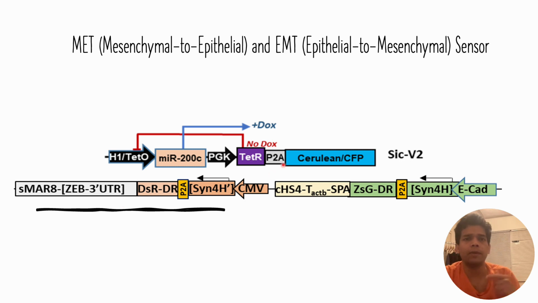So this is how this sensor can be used, not just to visualize whether the cells have more epithelial or mesenchymal-like characteristics, but it also contains the glycomics reporter that helps us know the change in the glycomics profile within the cells because of the change in epithelial to mesenchymal or mesenchymal to epithelial phenotype.